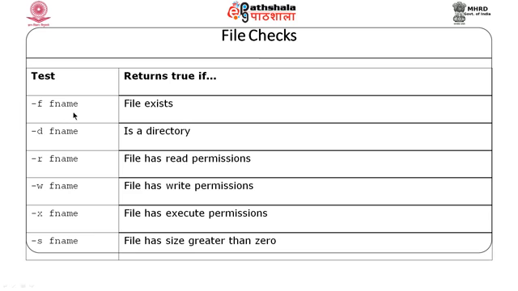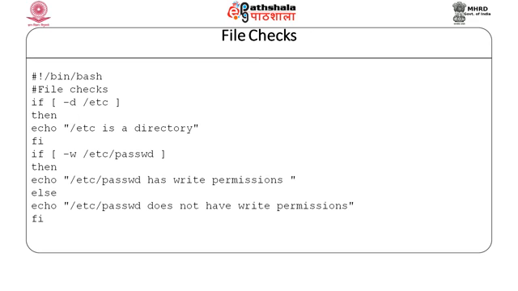Let us see an example. In this shell script, you can see I have used if -d /etc. There is a single operator and there is one argument. If -d /etc indicates whether etc is a directory or not. So, if the condition is true, this part will be executed.